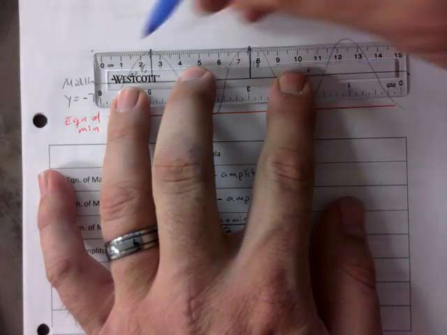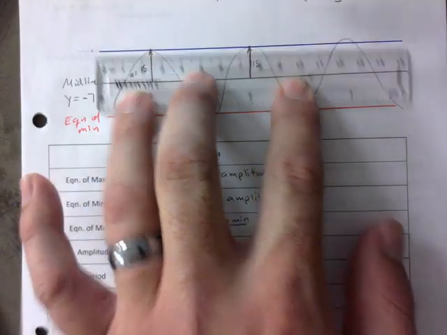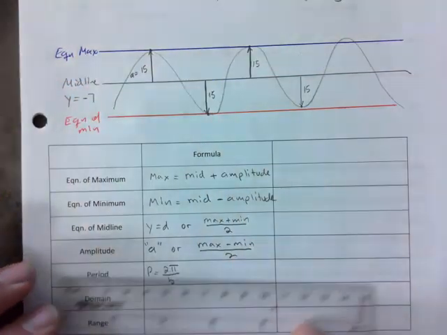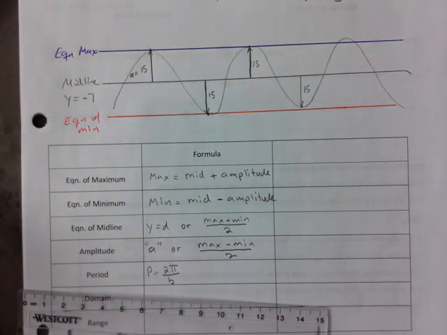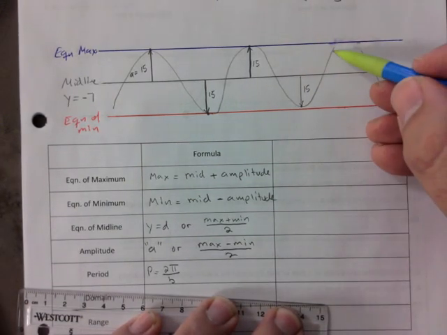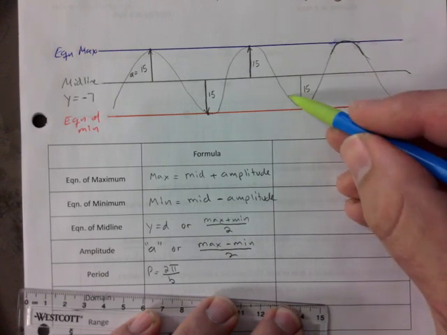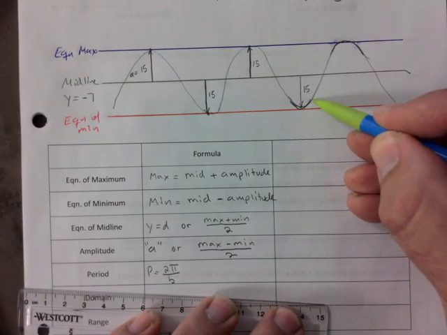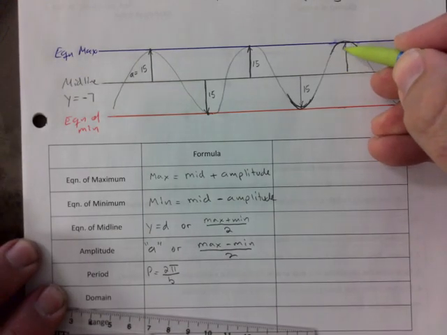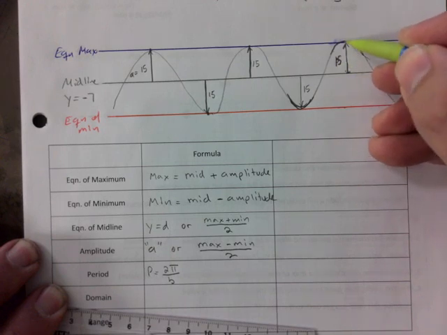If it doesn't perfectly line up, I'm going to make changes to my graph here so that it does happen. That's the equation of the max. Because I use pencil, I can just make this all work out for me. I'm going to make sure that touches there and this touches down here. It's all good. And remember, it's always 15 from the midline to any extreme.